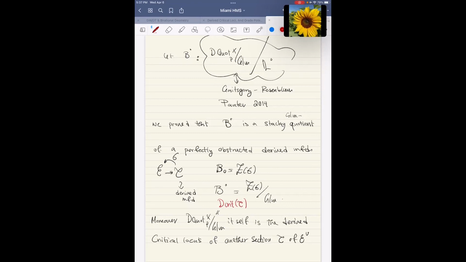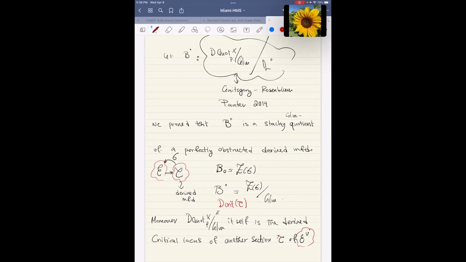So you have the derived manifold, you have an obstruction bundle on it. This is the derived version of the obstruction bundle. Your original moduli space is given by a GL_M stacky quotient of the zero locus of a section. That's the first statement. And then there's another section, tau, of the dual to this derived obstruction bundle.